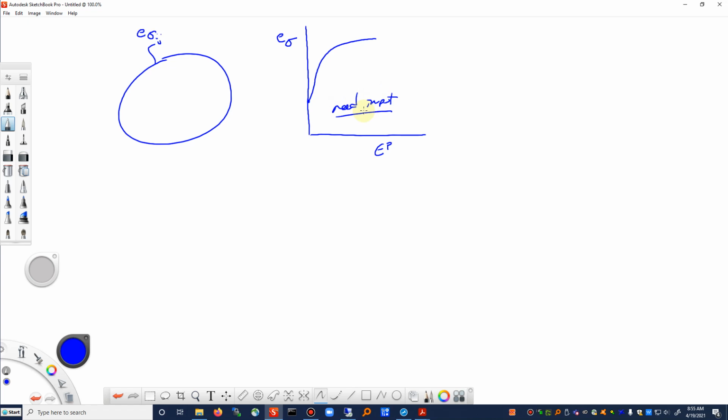Same as before: Neuber's rule, Glinka's formula, elastic plastic finite element analysis, or a measurement. But this yield surface plus the normality flow rule gives us a more general approach that doesn't depend on a definition of a nominal stress to calculate our notch root plastic strains.